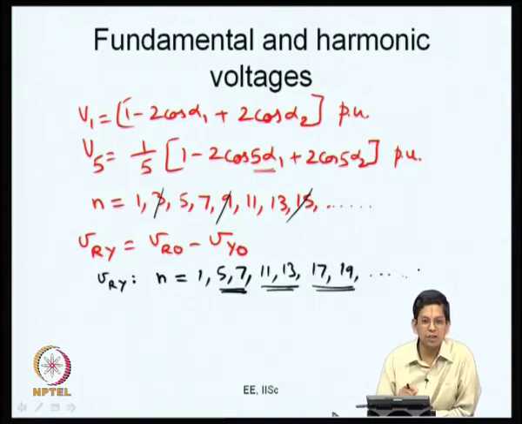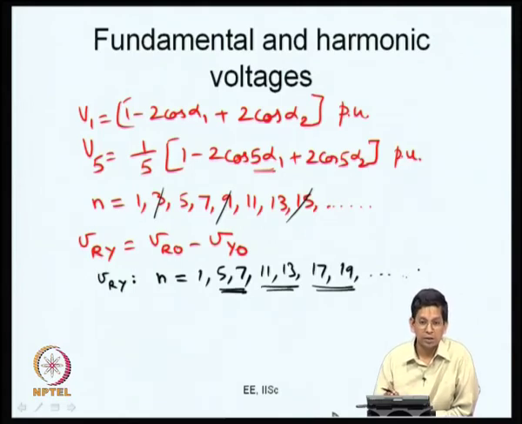So, these are the kind of harmonic voltages which will eventually be seen in the line to line voltage. So, these are the ones that get applied to the motor or the load. The triplen harmonics in V R O do not matter, they will get cancelled out.